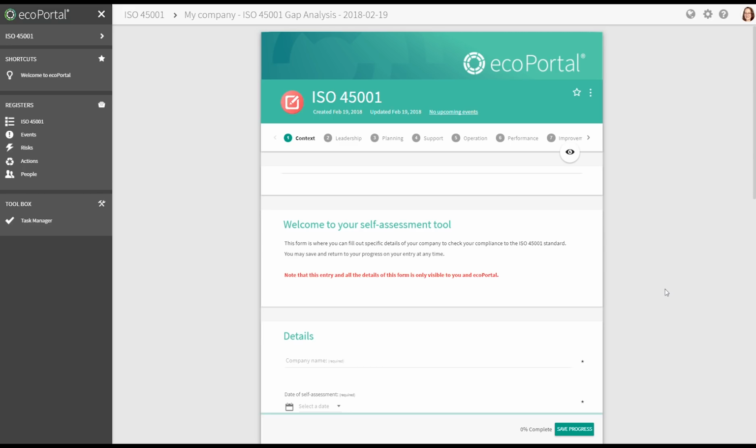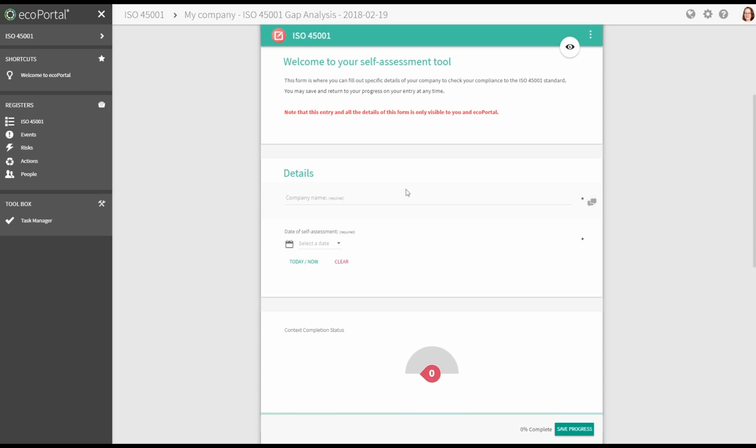So, for example, all of the questions around the context, leadership, and the different clauses of ISO 45001 are created in here. And you can then add your company to the system. It's completely confidential, and you have your own platform in there.